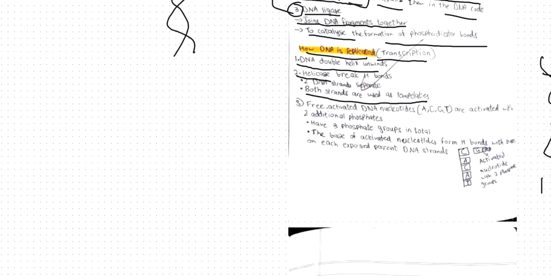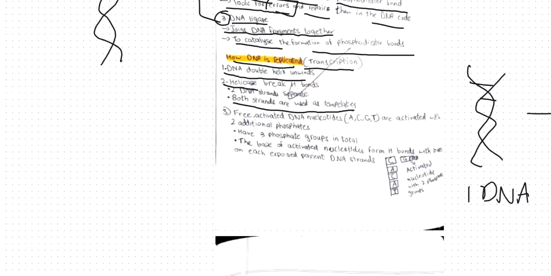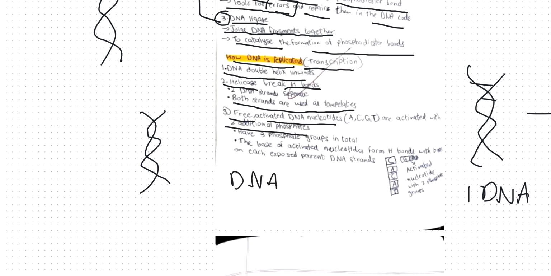Remember that after the helicase breaks the hydrogen bonds, then comes the making of new DNA strands. This happens because you have free activated DNA nucleotides with two additional phosphates. Remember that these have three phosphate groups in total.